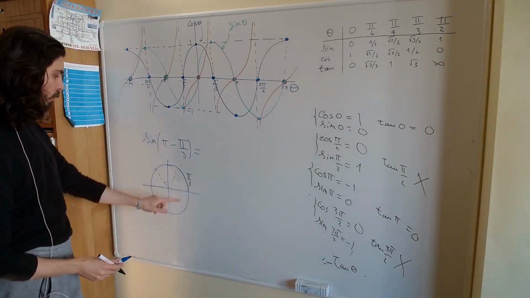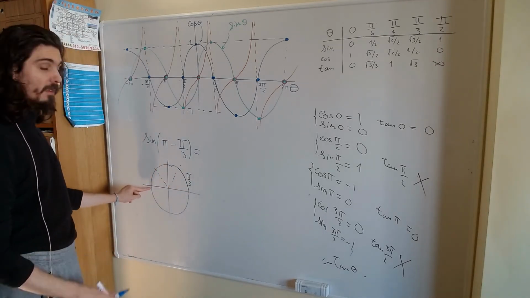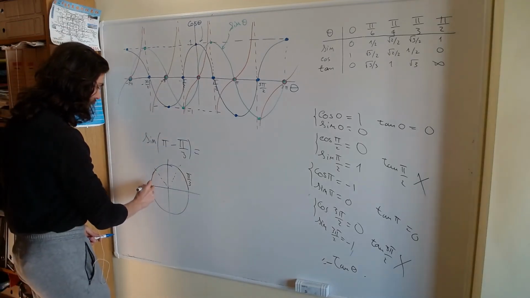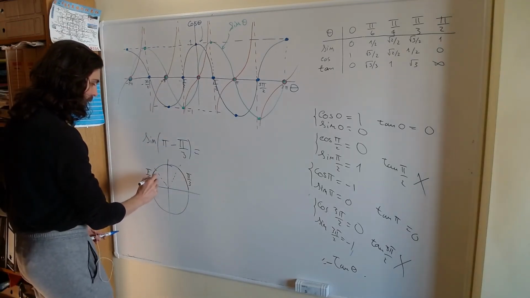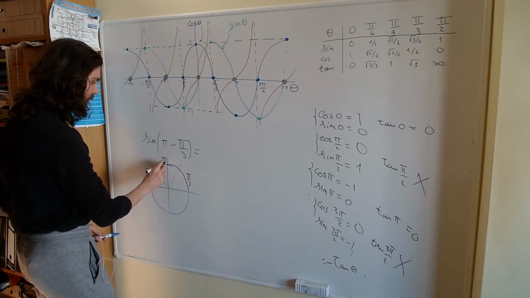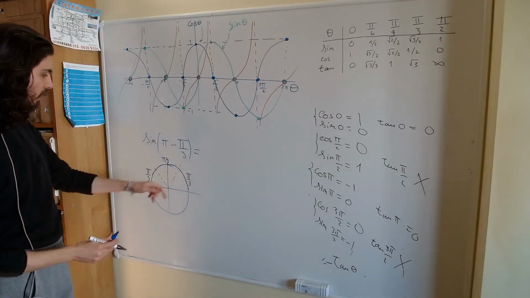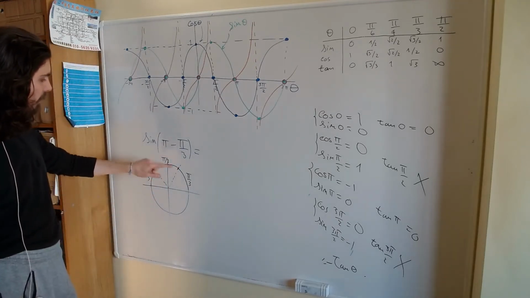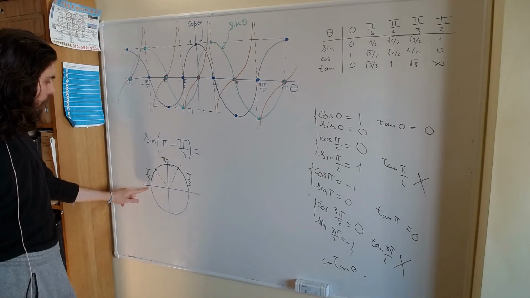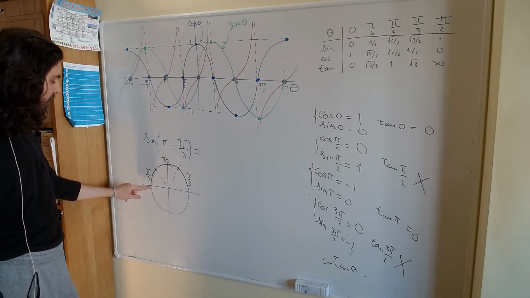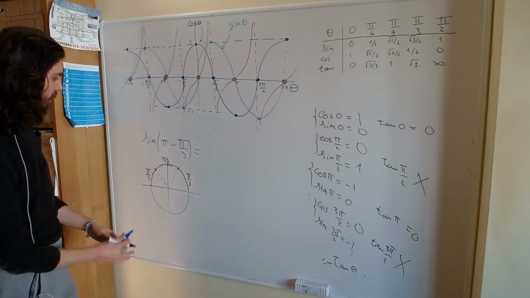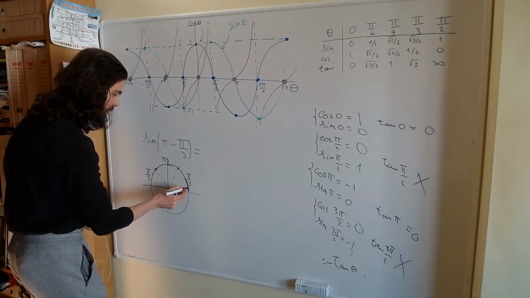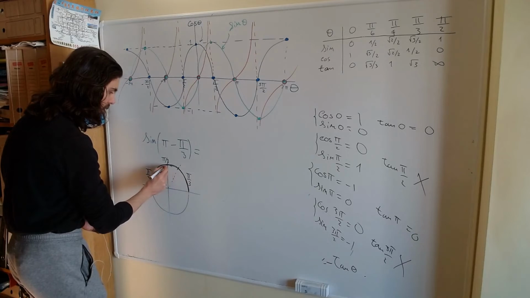Why? Because from here to here, the arc measures pi. From here to here, it measures again pi over 3, and from here to here, it measures pi over 3. So pi minus pi over 3, half a pizza minus a slice, goes from here up to here.